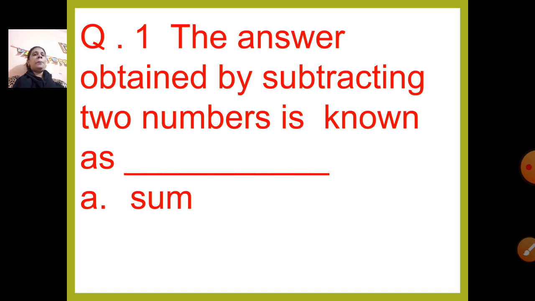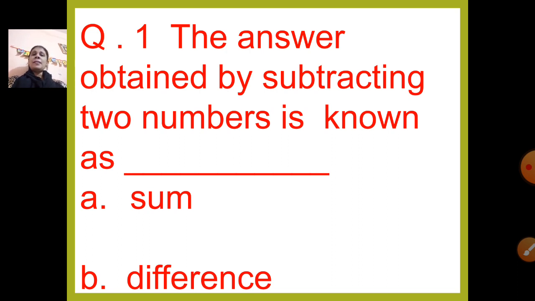Question number 1. The answer obtained by subtracting two numbers is known as dash. Option A, sum. Option B, difference. Now children, tell me, when we subtract two numbers, the answer that we get by subtracting these two numbers, what is it known as?